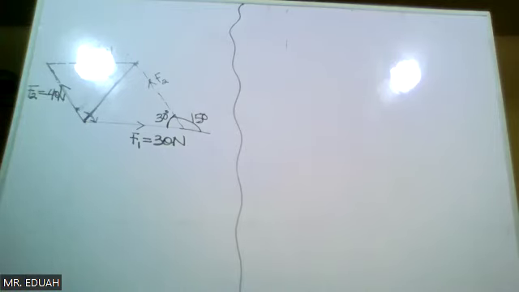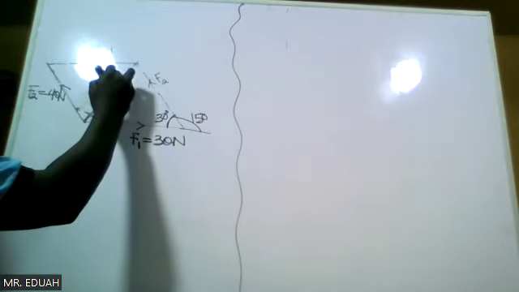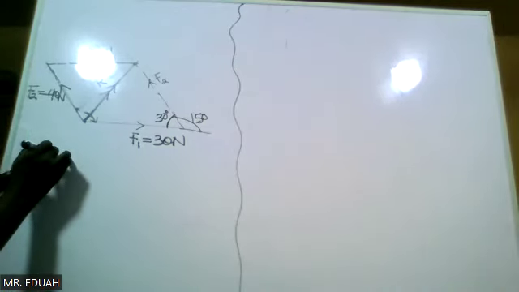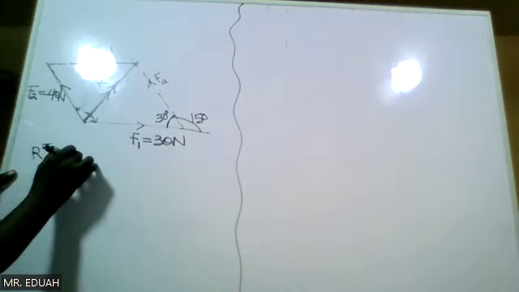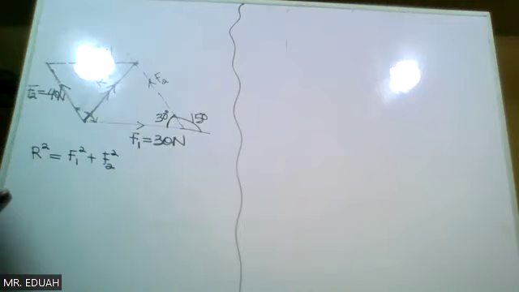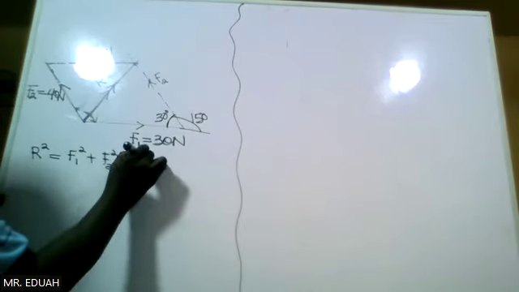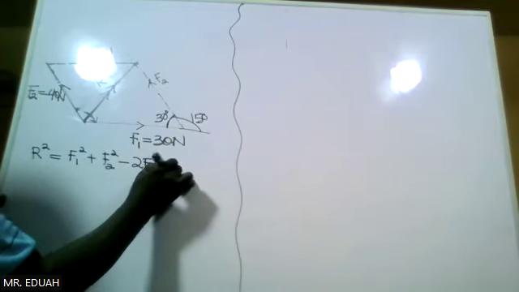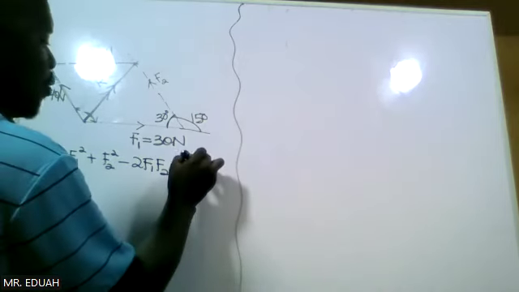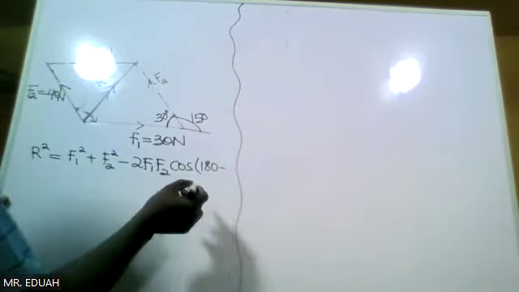If you want to directly use the formula, then the resultant, which will point up, R squared would be equal to F1 squared plus F2 squared, either minus 2 F1 F2 cos of 180 minus 30.